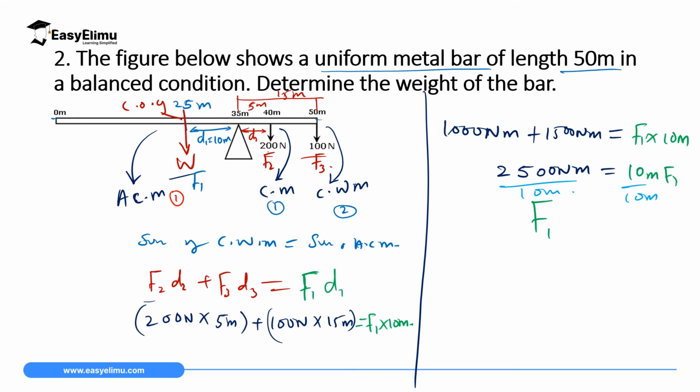Our F1 is going to be 2500 Newton meter divided by 10 meter. Meter will cancel with meter, then this 10 will take 10 at the top. Then we will remain with F1, which is the same as the weight of the meter rule, as 250 Newton.